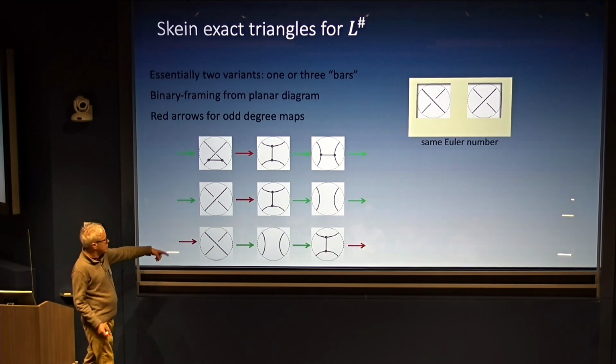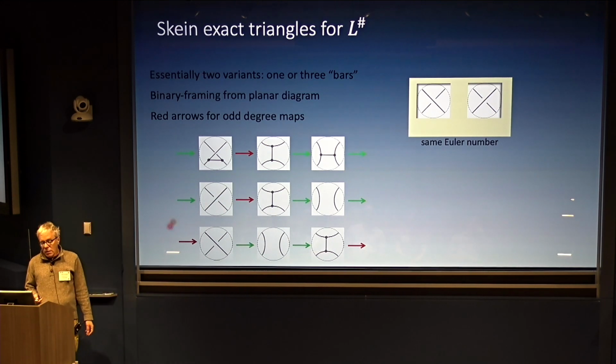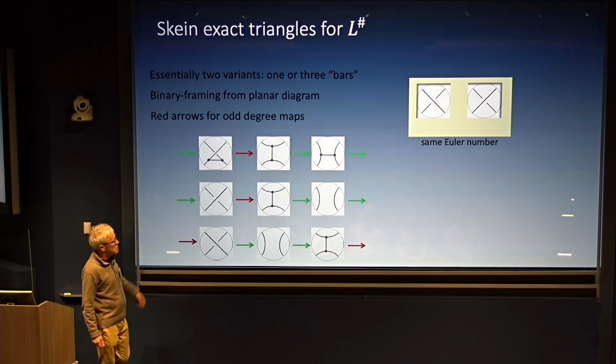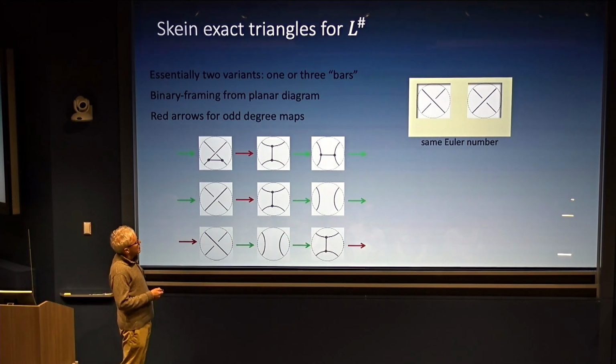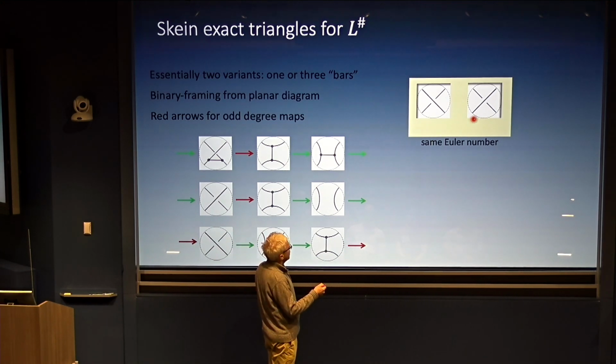From the long exact sequences, you've got to get the signs right, but this tells you that the Euler number for this one is just the difference of that one and this one, and the same down here with the same signs. So these exact sequences just tell you that those 2 things up there have the same Euler number.